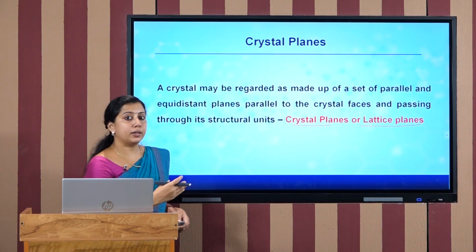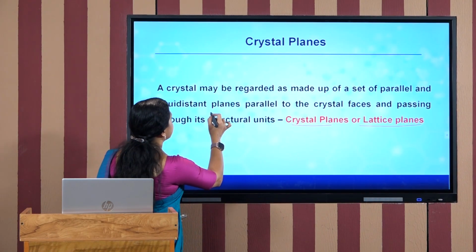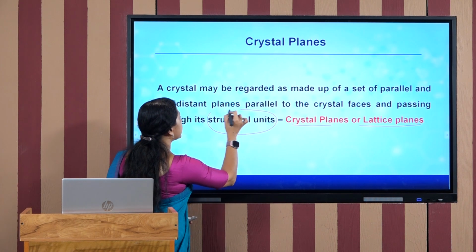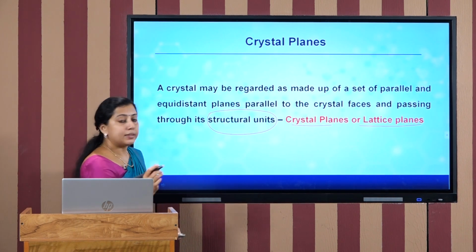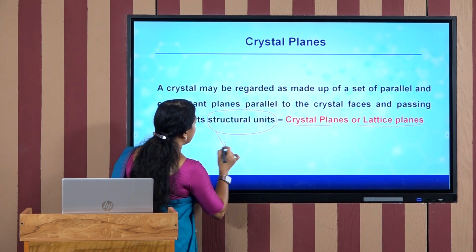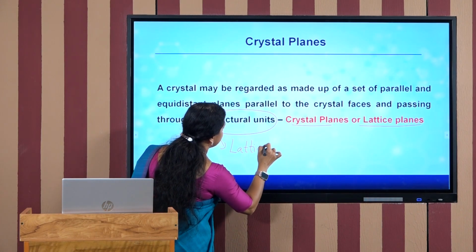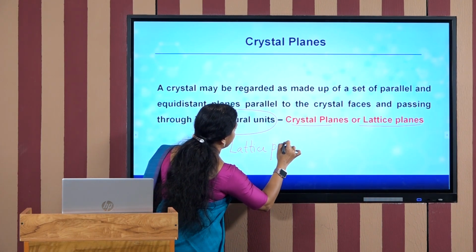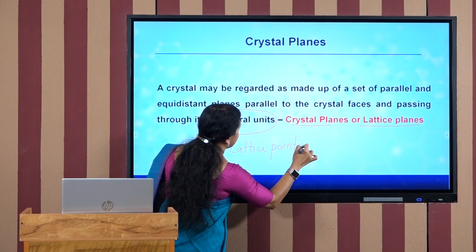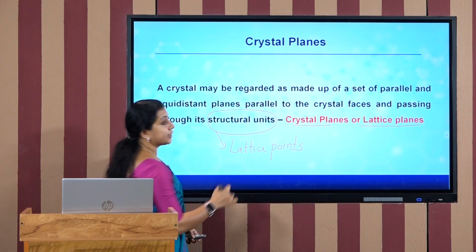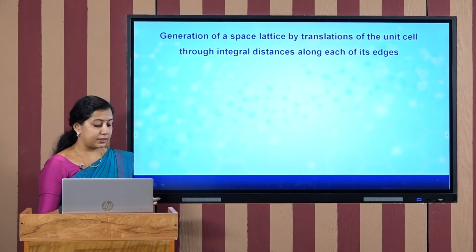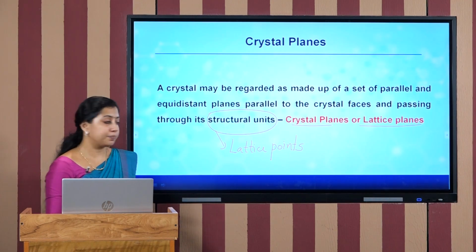Okay. So, here the structural units, where are these structural units placed? These structural units are placed on the lattice points, right. The periodic array of the lattice points generates a three-dimensional lattice.